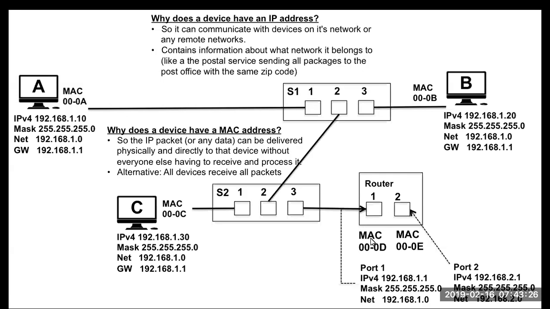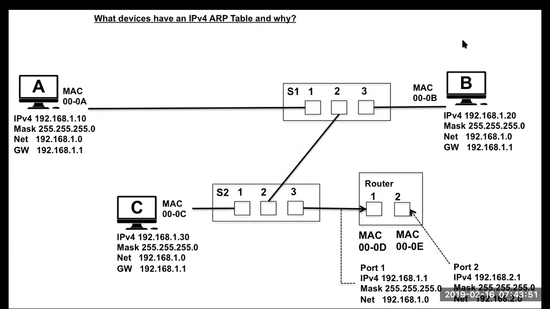The router will remove that Ethernet header, look up the destination IP address in its routing table, then encapsulate it in the proper data link header and trailer for that interface and send it out that interface onto the next hop network or next hop device. But anyway, let's focus on this right now.